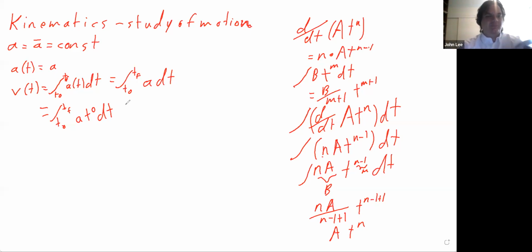So that equals the integral from t naught to t final of a t to the 0 dt, which is going to be equal to a t to the 1 from t naught to t final, which is equal to a times t final minus t naught.